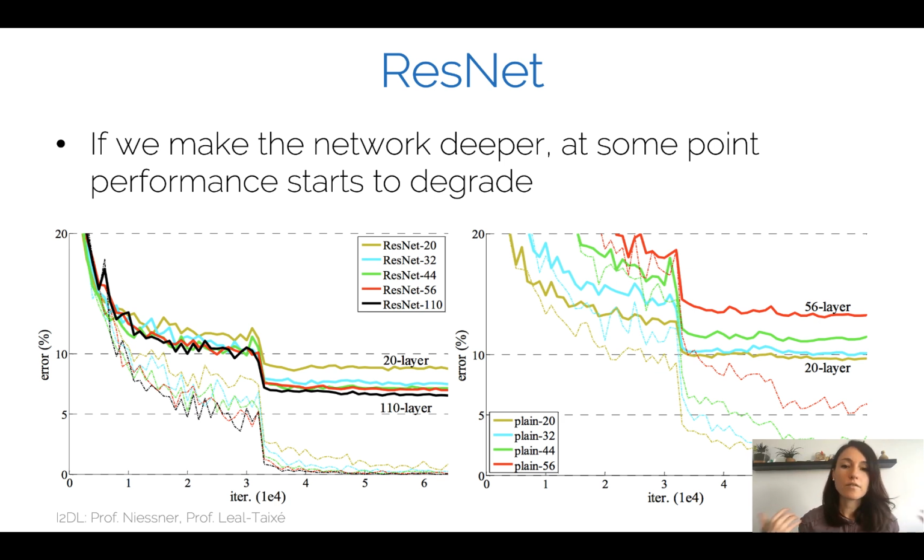We will have vanishing gradient or exploding gradient, anything that doesn't allow us to surpass the performance of shallower networks. In the case of ResNet, this is the opposite. As we make the network deeper, we get consistently better results. And this is depicted here in this plot on the left.